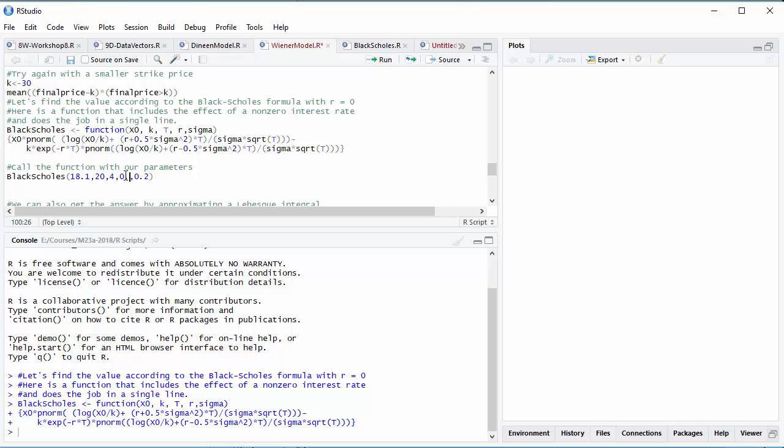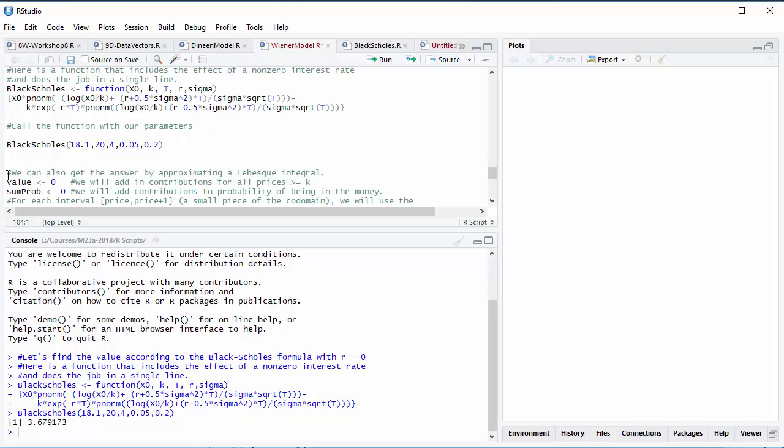The interest rate is 0.05. The volatility is 0.2. I call that, and down at the bottom of the screen, I get the answer, 3.67 cents. So that's the current price.